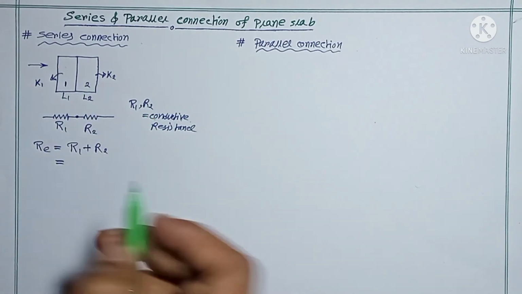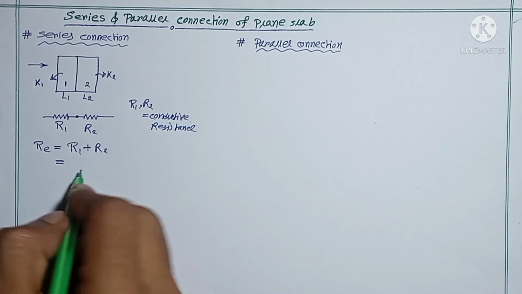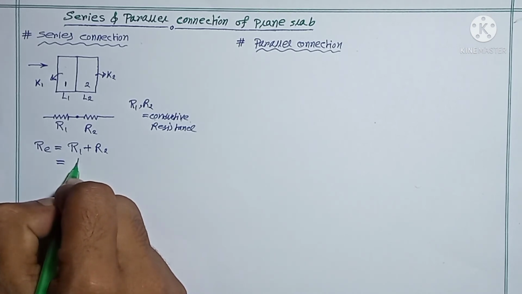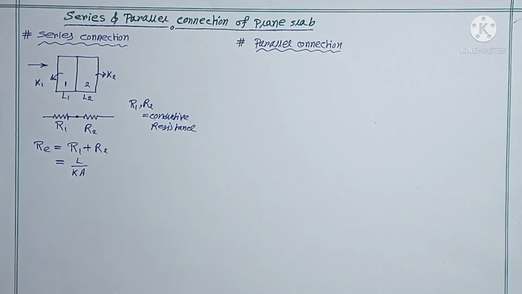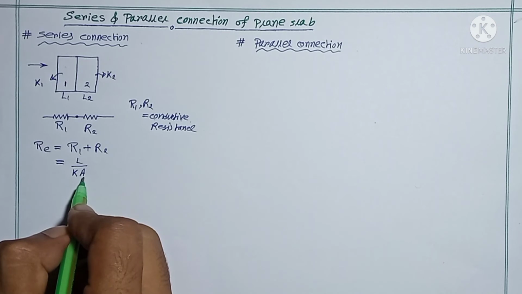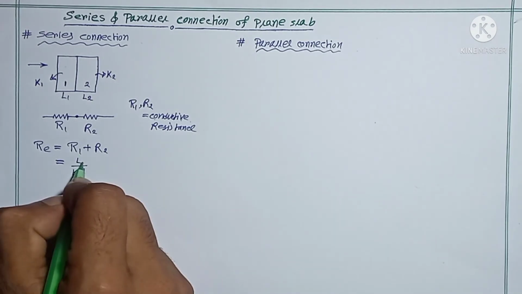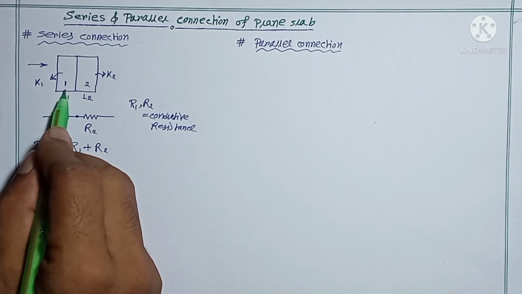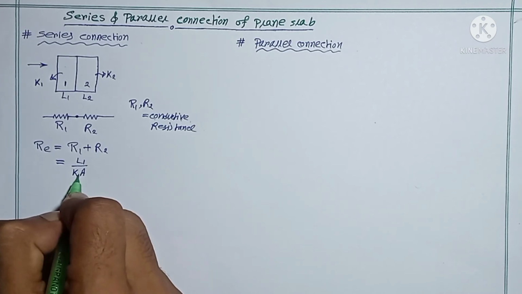Now R1 means the conductive resistance. How can you replace it? It is the length divided by thermal conductivity into cross sectional area. This area is basically the area perpendicular to the direction of the flow. This thing you have to remember. So for R1 it is L1 by K1 into A, because for slab 1 the length is L1 and the thermal conductivity is K1.